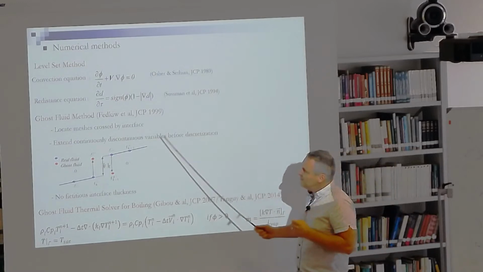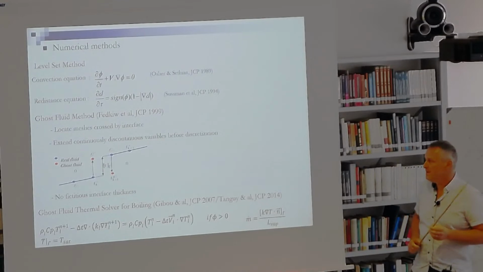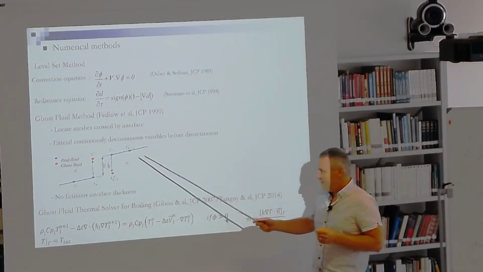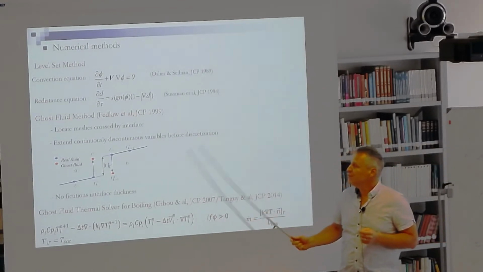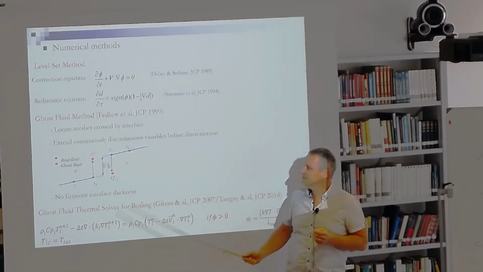The Ghost Fluid method is used to impose the jump condition across the interface. It consists in extending continuously discontinuous variables before discretization.